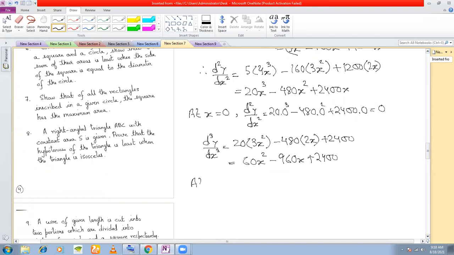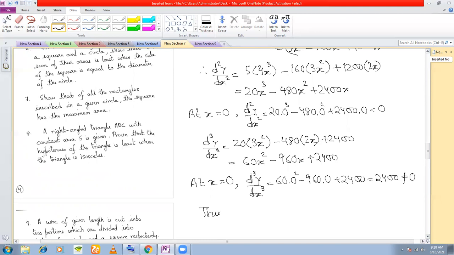So at x is equal to 0. Now for d3y dx3, we don't need to check the sign. We just simply need to check whether d3y dx3 is equal to 0 or not equal to 0. Put it here, 60 into 0 square minus 960 into 0 plus 2400. So we see that we are getting this equal to 2400, which is not equal to 0. What do we say then?